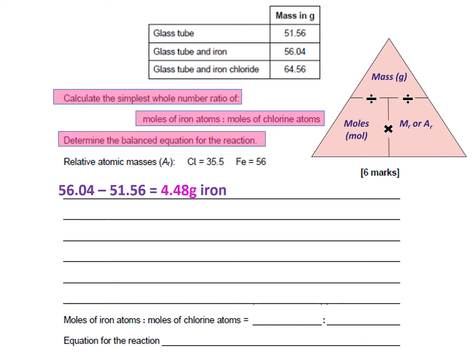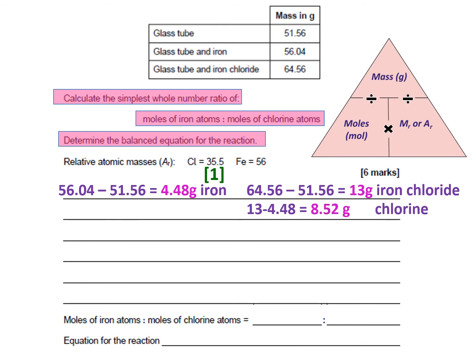So first of all, we've got to work out how much iron we had, which was obviously our starting point, taking away the mass of the original tube. Then we need to work out how much iron chloride, and from that how much chlorine we have. We could do that second one by taking the difference between the iron chloride and the iron, and you would end up with the same number.